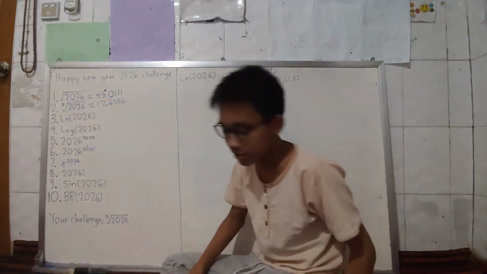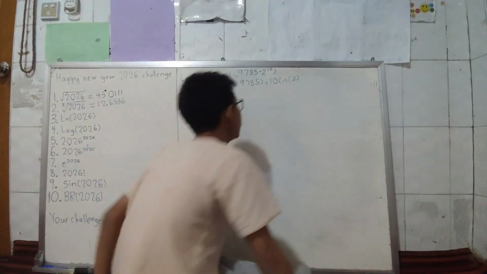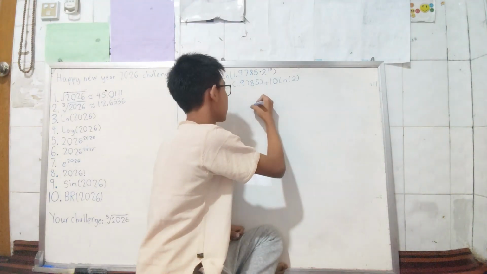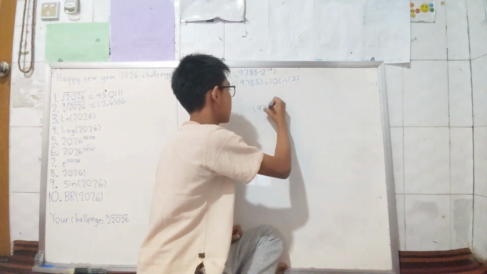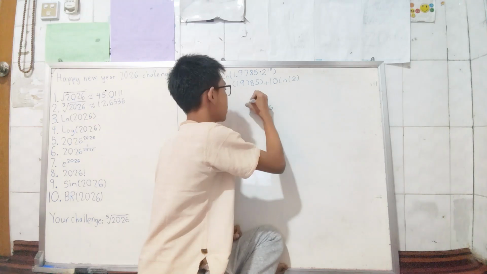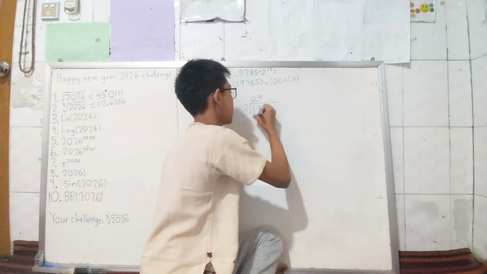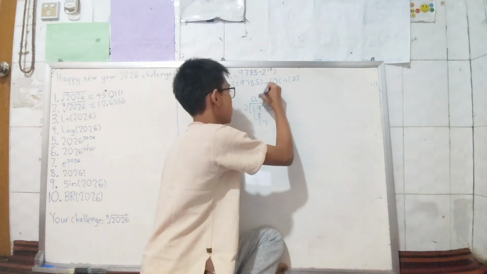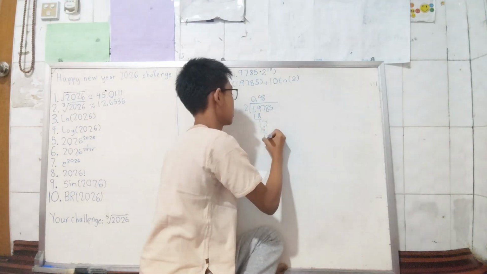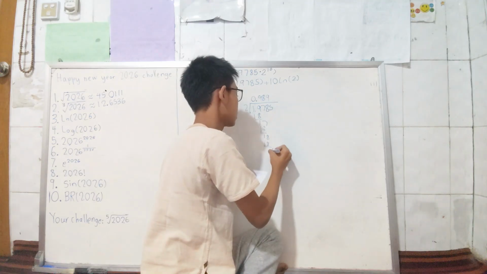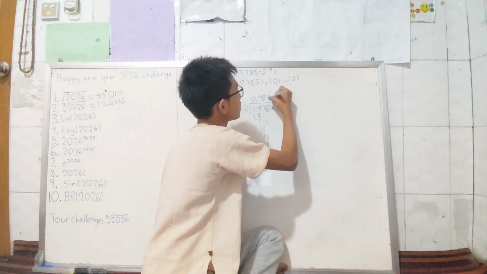Okay, so let's continue. So the natural log of 1.9785. Let's just divide by 1 again. So that's gonna be 1.9785 over 2. That's gonna be 0.9892 with 2 times 9, that's gonna be 18, 2 times 5, that's gonna be 10.